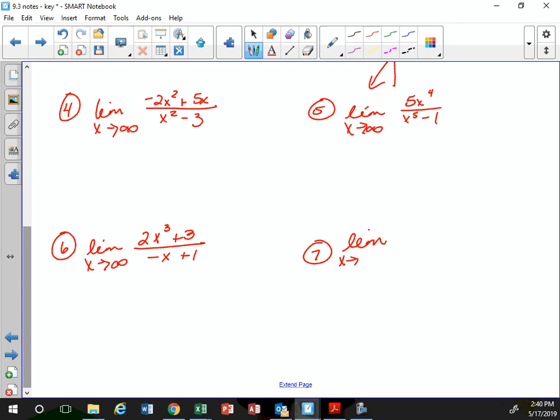The last one will be the limit as x approaches negative infinity. Okay, try this one.